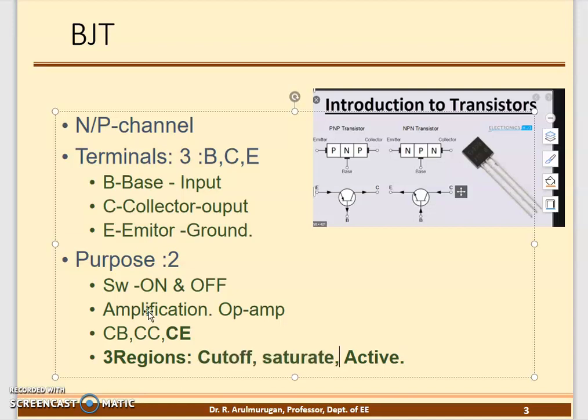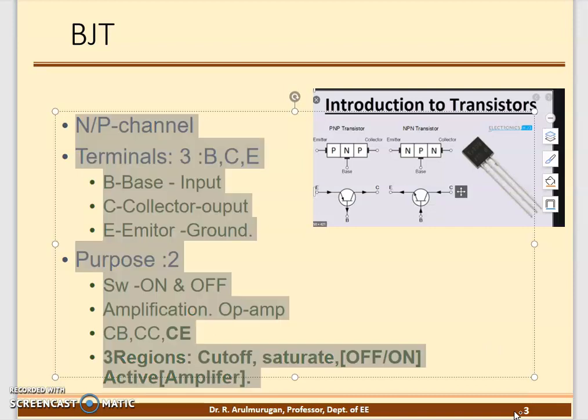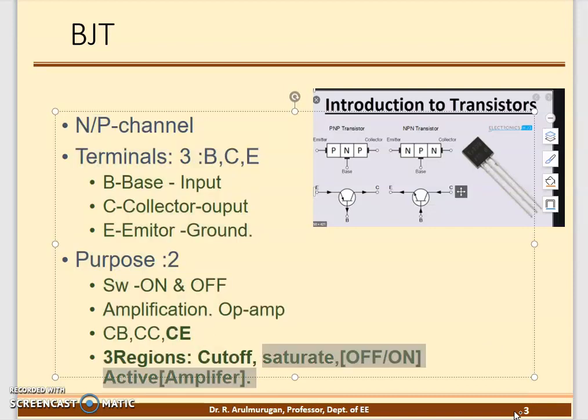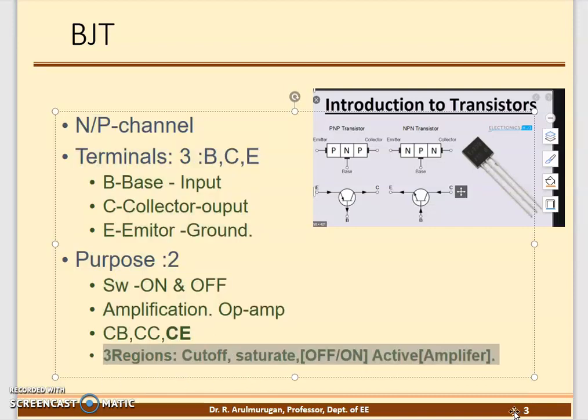The first one, cut-off, is for off, and another one is for on. But when you look in detail, these two regions are also included in the common emitter configuration. The active region means amplifier. These are some basic details about the transistor.